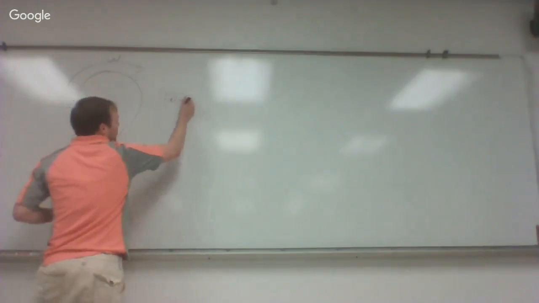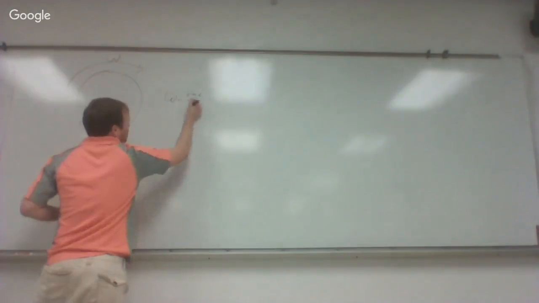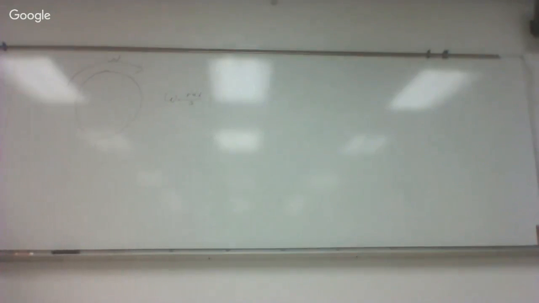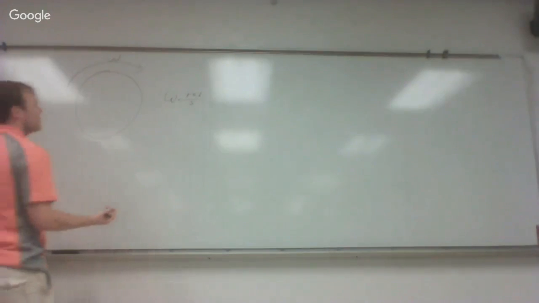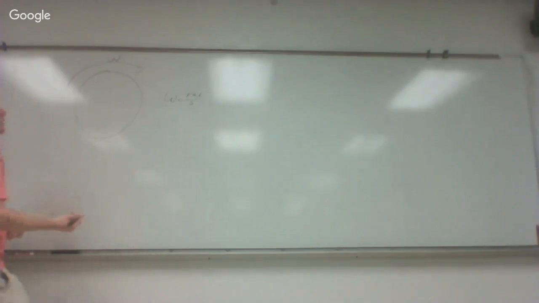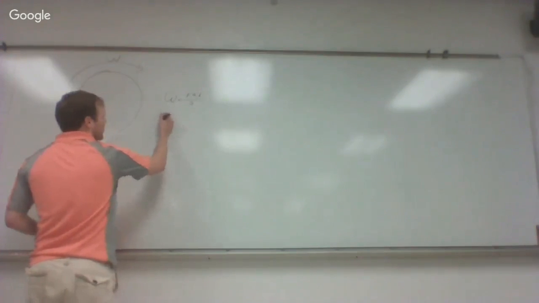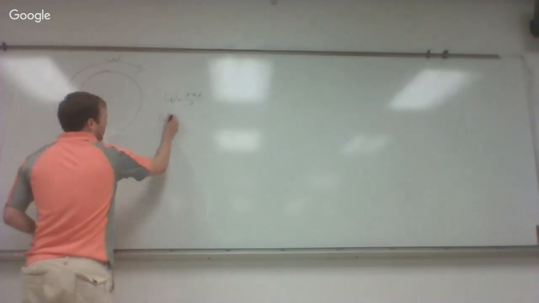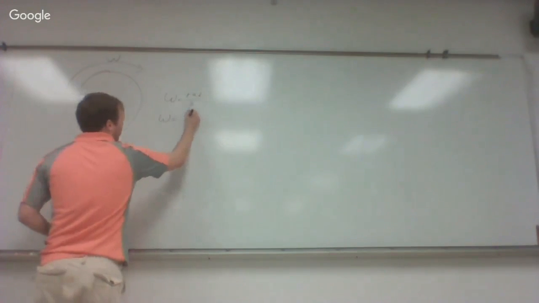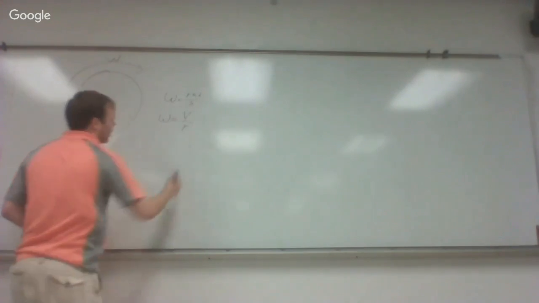This is saying that the body is going to be spinning at some rate. And we talked about the relationship, and we said that linear velocity equals r omega.